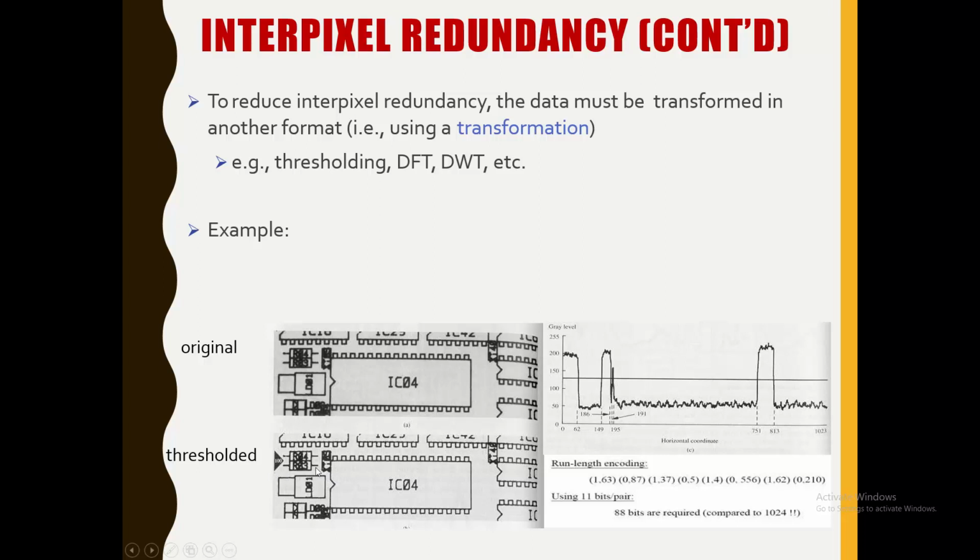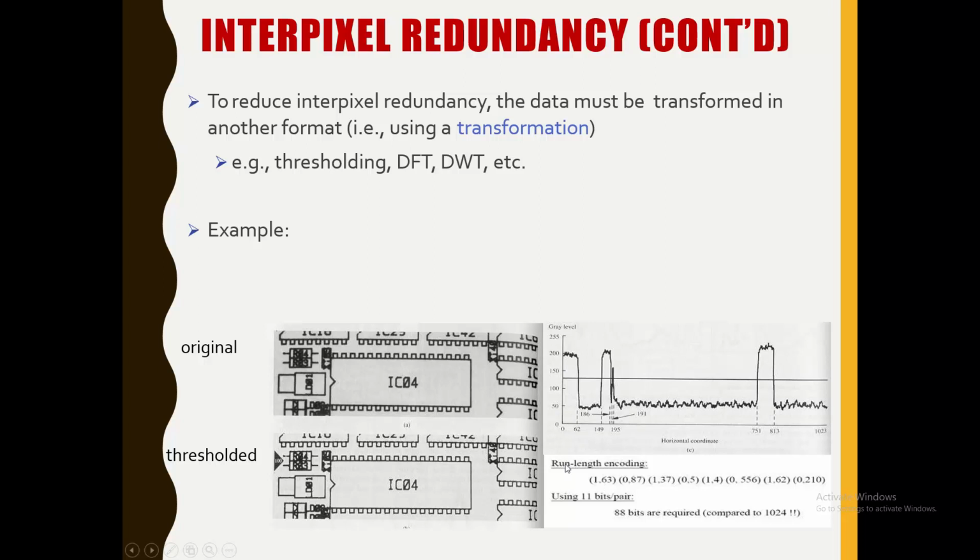Now if we plot a line profile along this one, the pixels on the x-axis are 1024 and this is the corresponding intensity value. As you can see, from 0 to 62 they have the same intensity value. So we can represent this intensity value in the thresholded image by 1, up to 63 pixels; 0 to 62 means 63 pixels.